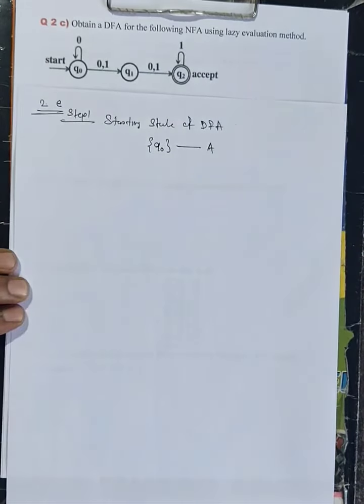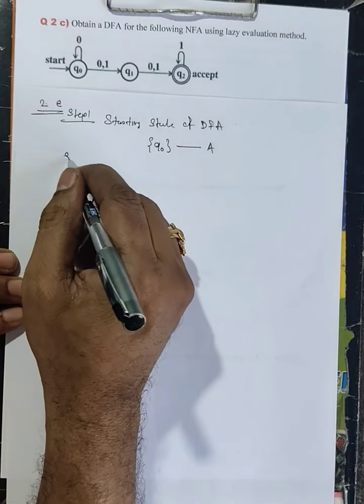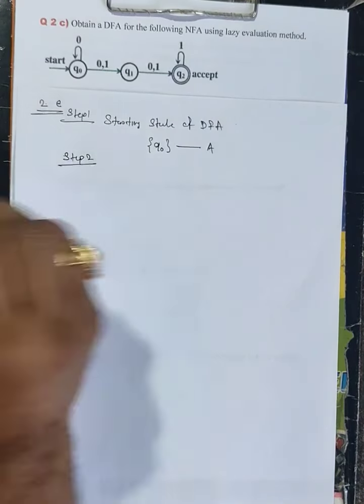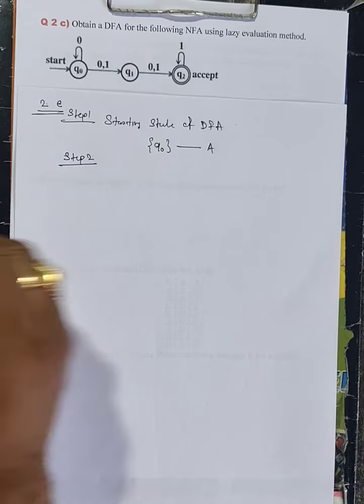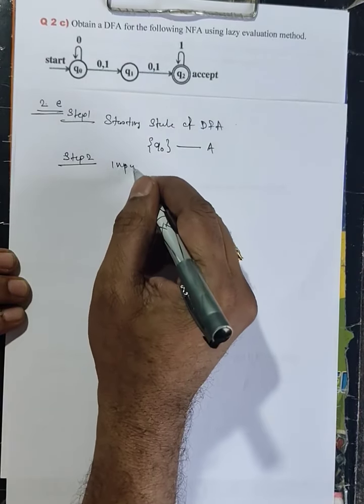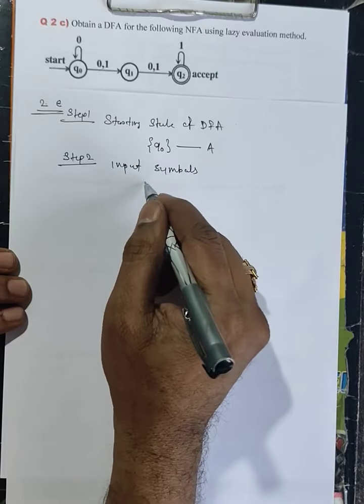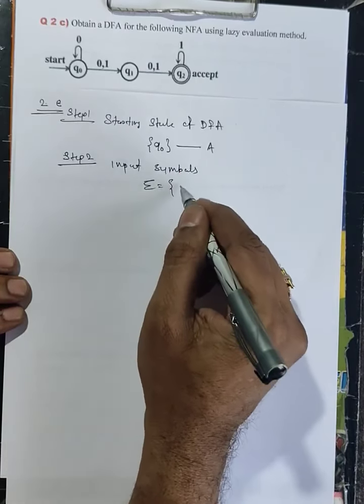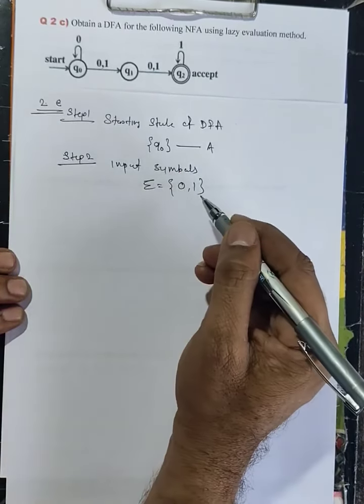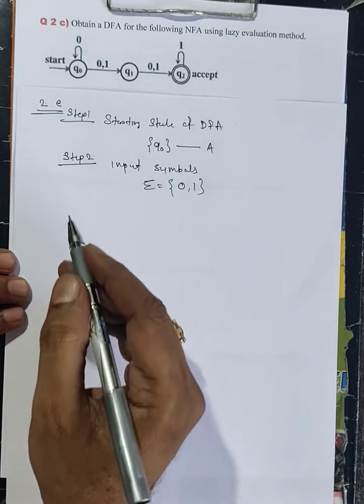For this you can assign A. Step 2: what are the input symbols? Sigma equals 0, 1. There are 2 input symbols.